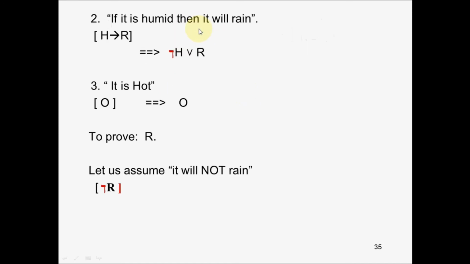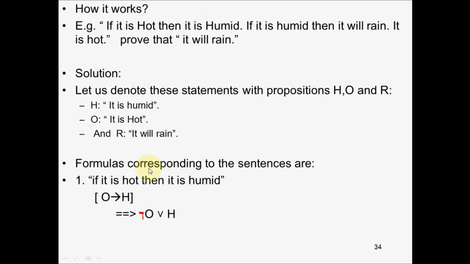What remains? Sentence number 3 can be taken, or we can take sentence number 1, not O or H. But the current resolvent that we have got is not H. So it will be better if I take sentence number 1 which has H, which can be cancelled with not H.